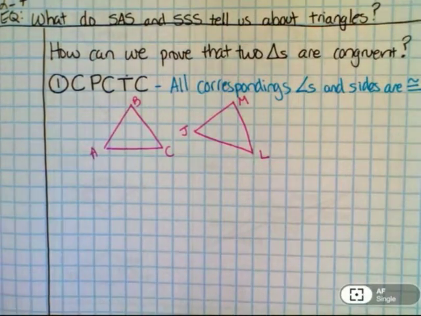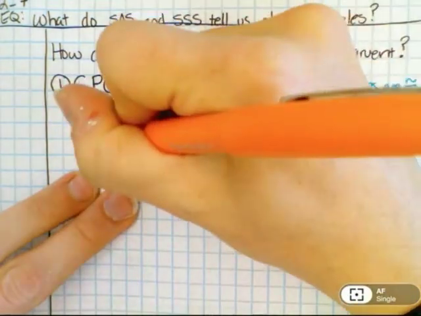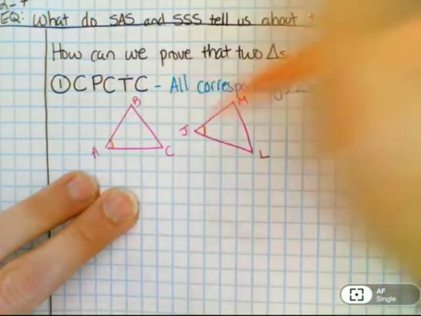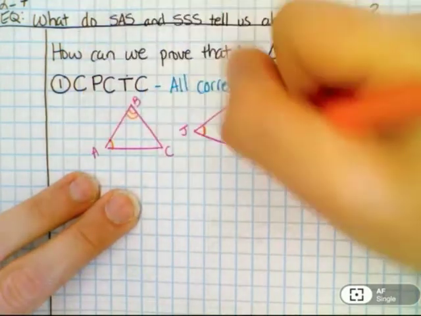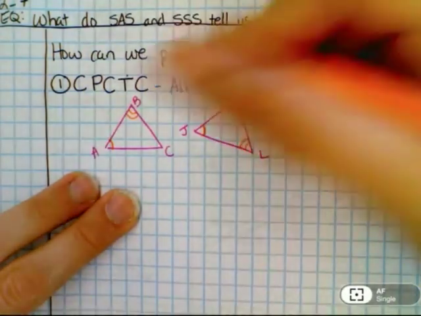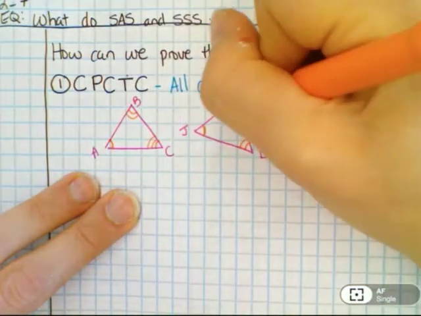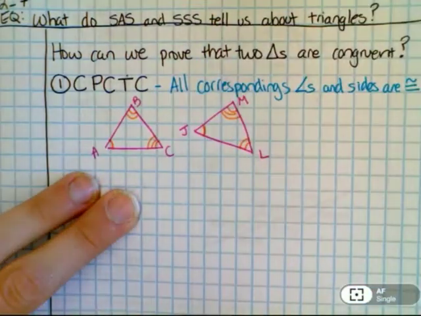So first we're going to talk about the angles. So we're going to say that angle and that angle are congruent, and this angle and this angle are congruent, and then C and M are congruent.